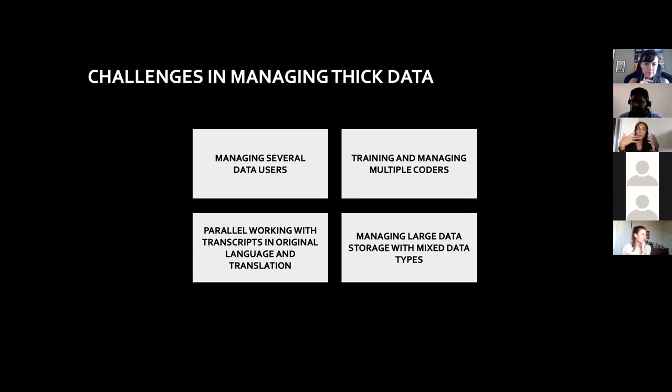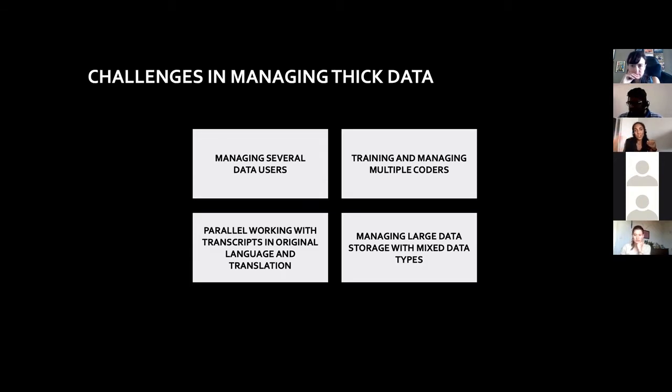One is that we have to manage several data users, because we are working with mixed data sets, and even if it's already qualitative data, we need to involve assistants to help us with transcribing, translating, coding, and collecting these various sorts of videos, audio materials, and notes. So there are a lot of people involved, and it's quite a challenge to manage all the accesses so that we comply with our own data management plan.